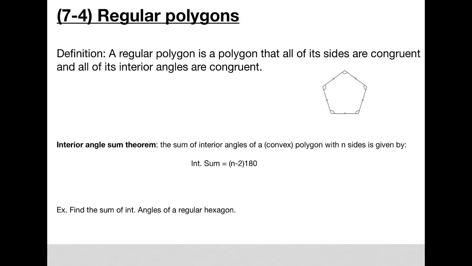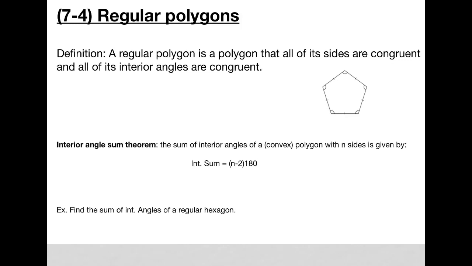So the first one, if you recall from grade 9, is the definition of a regular polygon, which is a polygon that all of its sides are congruent and all of its interior angles are congruent. So in other words, it is a kind of polygon that all of its sides have the same length and all of its interior angles have the same measure.